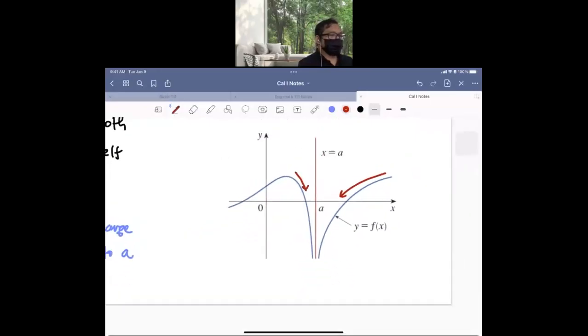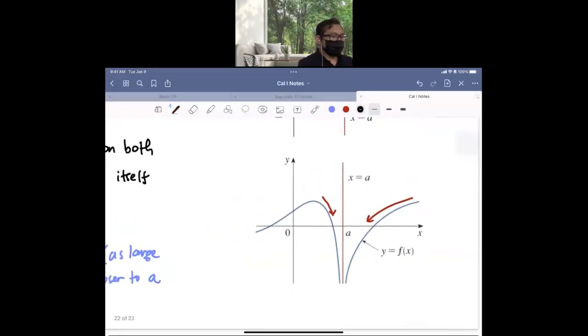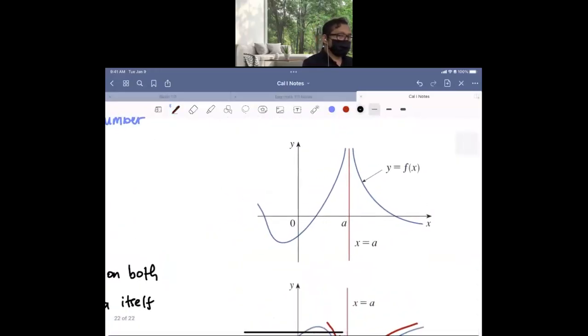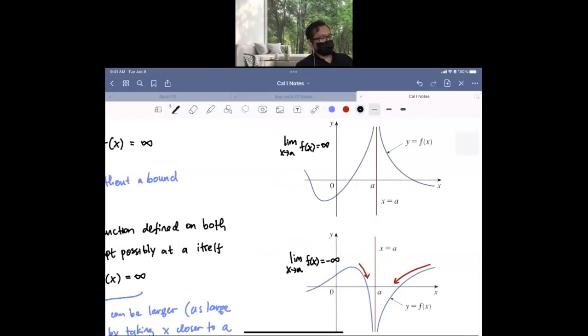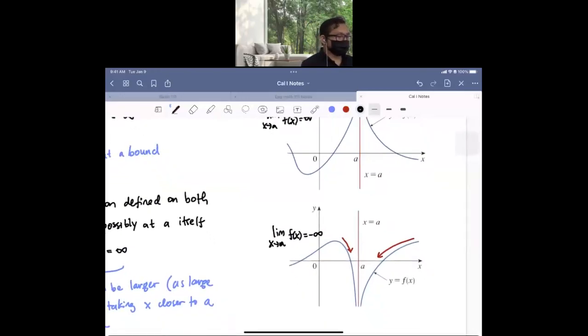So the first one is just the usual, but the second one is having negative infinity. The definition is the same, but the difference is the other one is getting larger in a negative way. So it's going down. Okay.